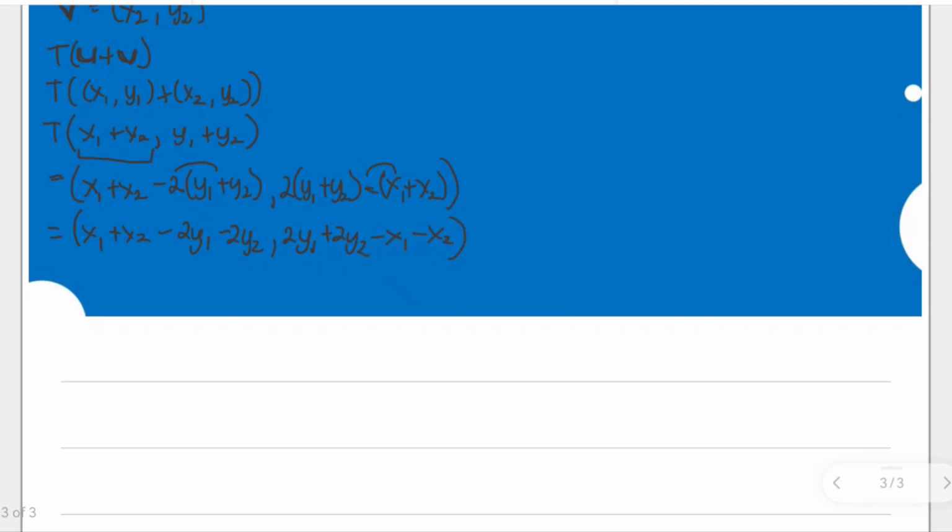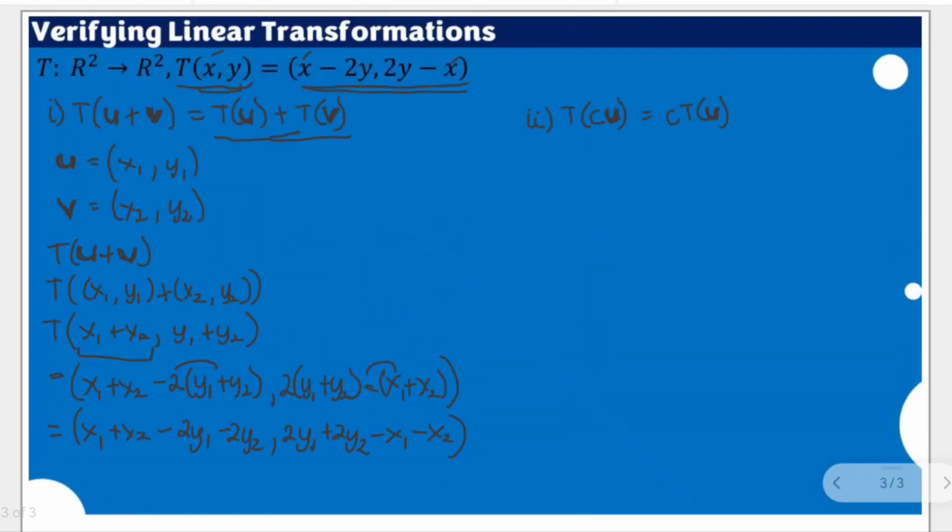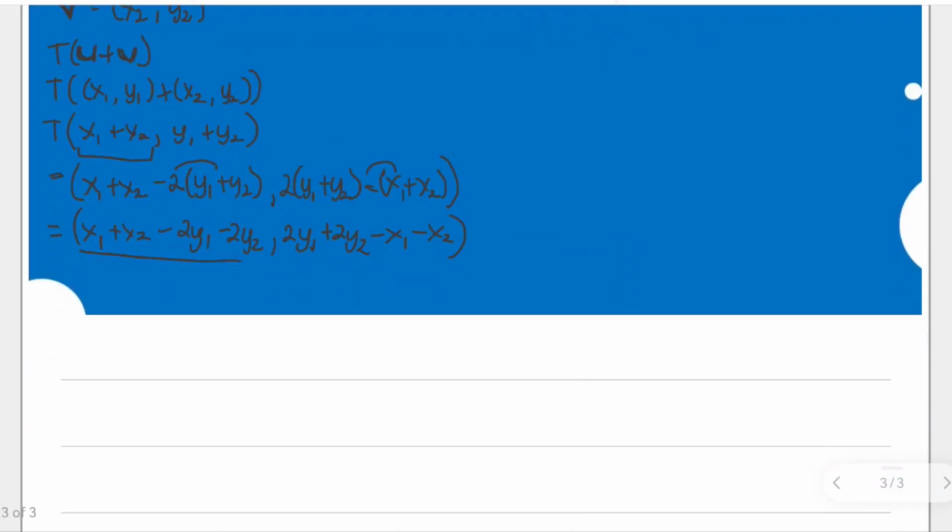Since our goal is to come up with a transformation of u and a transformation of v, where u contains the sub 1s and v the sub 2s, let's manipulate this entire expression and pair the sub 1s and the sub 2s. That would mean x sub 1, 2y sub 1, so they would be the sub 1s here. Then the sub 2s: x sub 2 and minus 2y sub 2. The other side as well: 2y sub 1 minus x sub 1 plus 2y sub 2 minus x sub 2.